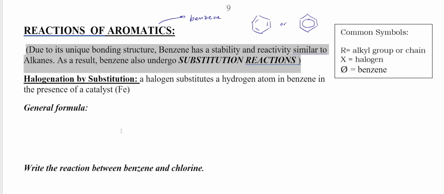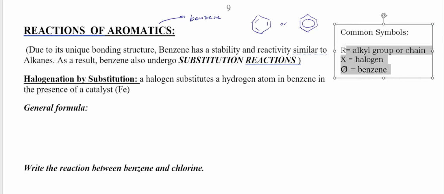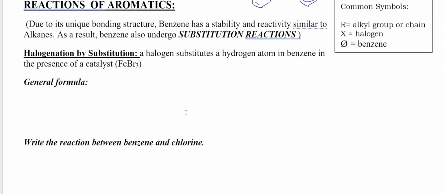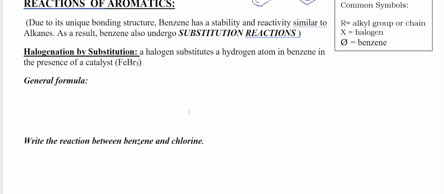So the general formula, we're going to use these symbols right here, and we're going to start with halogenation by substitution. The catalyst that we're using here is FeBr3, not Fe, so let's make that correction right there. So a halogen substitutes a hydrogen atom in benzene in the presence of a catalyst. So my general formula is, I'm going to have benzene, that's my symbol for benzene, plus some sort of halogen.